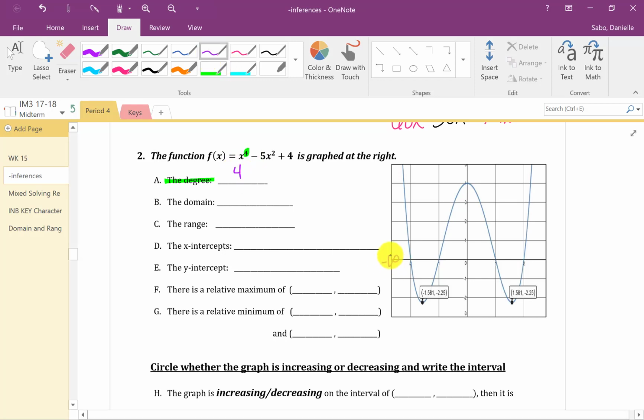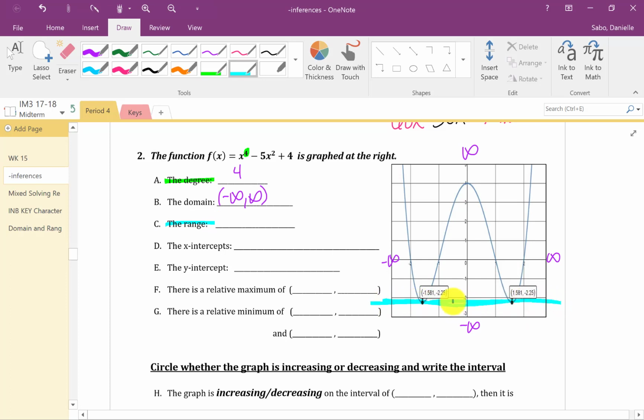Domain and range. This is when we always put these out so that we can use it as a guide. Domain of all functions besides radical functions are going to be negative infinity to positive infinity. Again, because it goes forever left eventually and it goes forever right. Now we're looking at just the range. So remember, range is bottom to top. So for the range, I'm starting here.